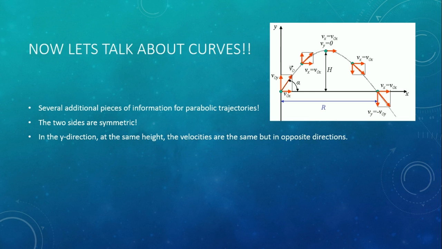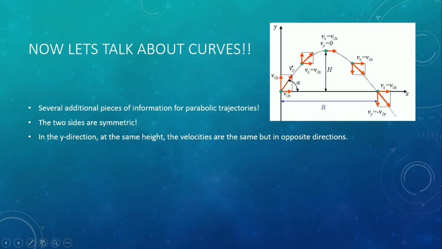In the y direction, at the same height, the velocities are the same but in the opposite direction. So at this height here, the y velocities are exactly the same but opposite direction. So this arrow and that arrow are the same length but facing opposite because gravity is conservative.